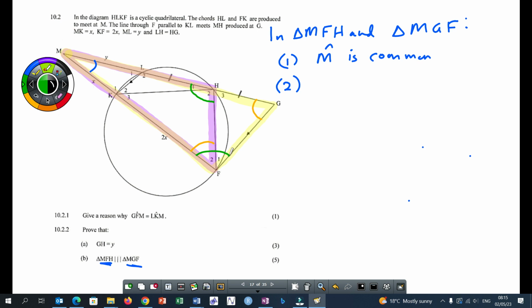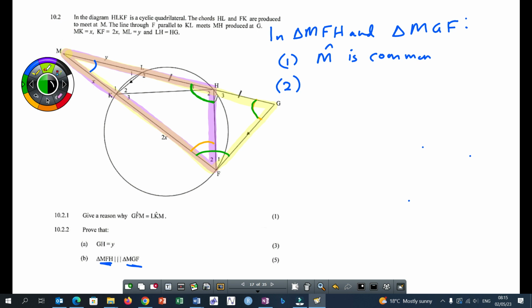So we've got M is done, then we have F from MFH, we have F2, and then from MGF, we have that angle there. And then we have H, which is this one here. That will be H1 plus H2.